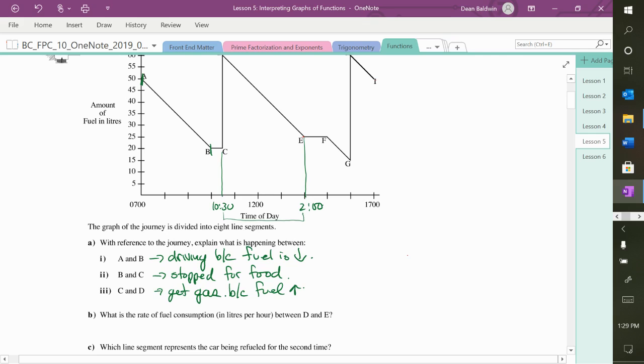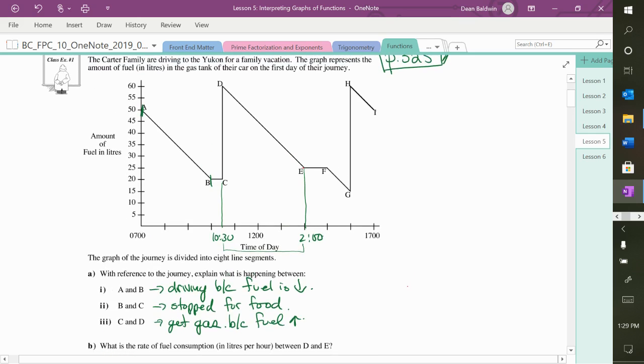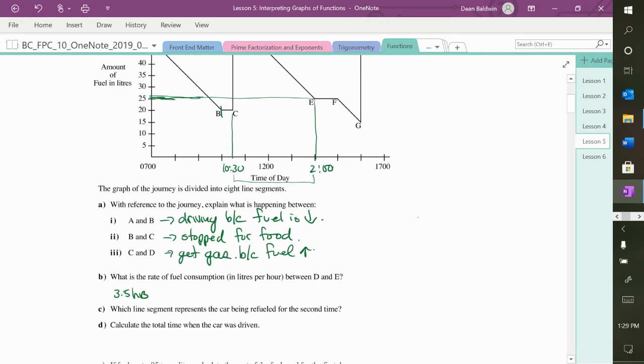If you drive from 10:30 in the morning till 2 in the afternoon, how many hours did you drive? 3.5 hours. How much fuel did they use? They started at 60 and finished with 25. So they went from 60 liters to 25 liters, which is 35.